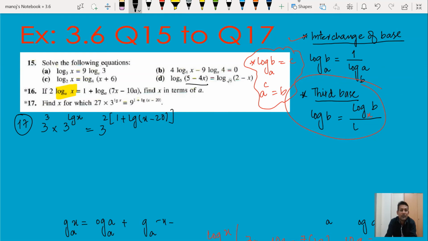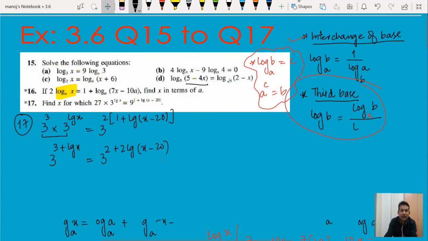Okay, please do not cancel here like 3. First we have to write the single base. The powers of this 3 will be added: 3 plus log x, and 3 power 2 will multiply to give 2 plus 2 log x minus 20.